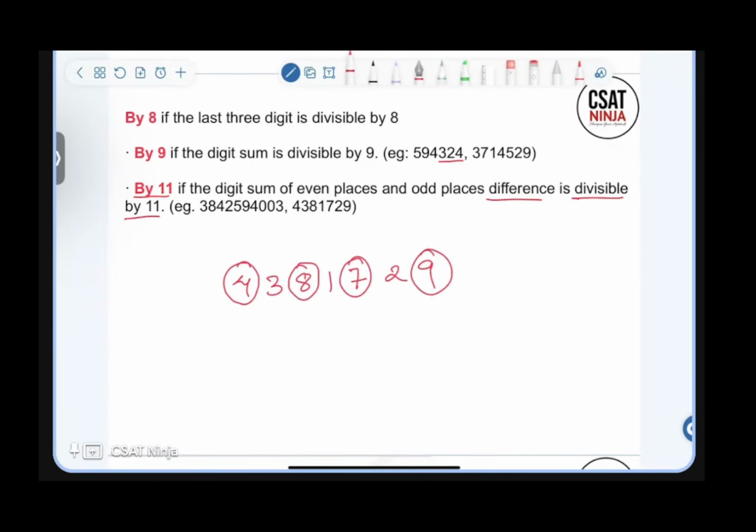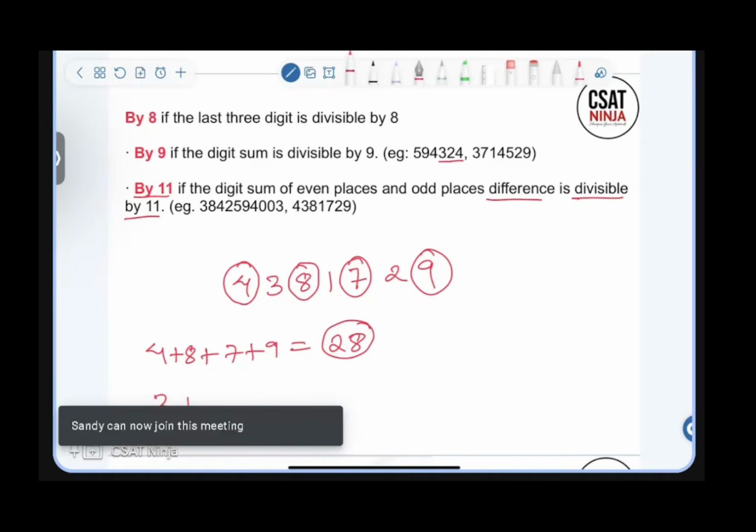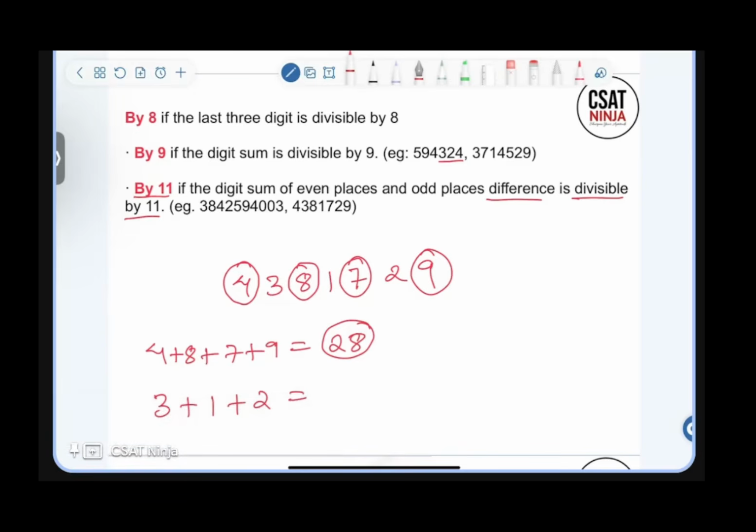So the sum of the odd places is 4 plus 8 plus 7 plus 9. If I sum this, 4 plus 8 is 12, 12 plus 9 is 21, 21 plus 7 is 28. So the sum of the odd places is 28. And let us find it for the even places. For even places, it will be 3 plus 1 plus 2. 3 plus 1 is 4, and 4 plus 2 is 6.